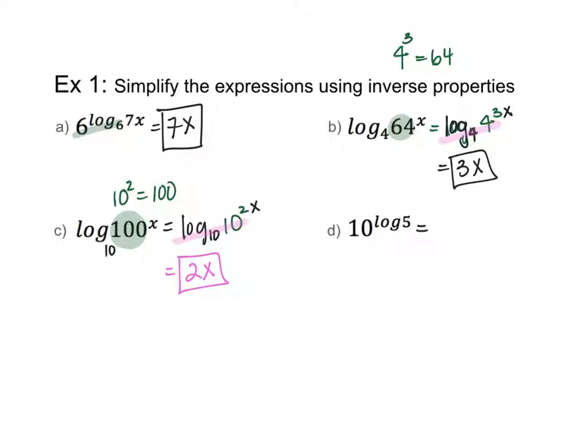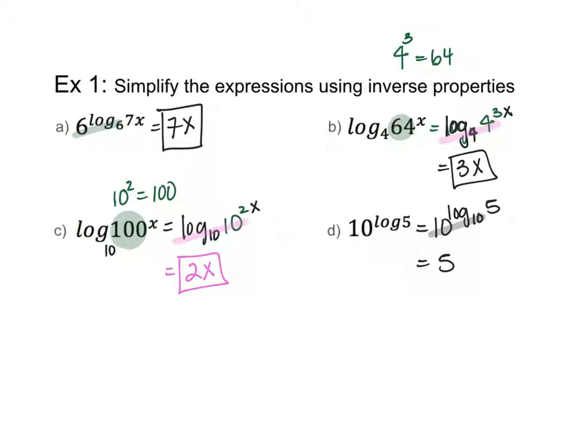And then let's take a look at part D. So part D, we have a base of 10. And this log here doesn't have a little base here, right? So in this case, the log has a base of 10. So we have 10 to the log base 10 of 5. Oh, would you look at that? When I wrote that 10 in, it looks like these bases are going to cancel, leaving me with just 5, it seems. And that's it. So whenever the bases are the same, they cancel.